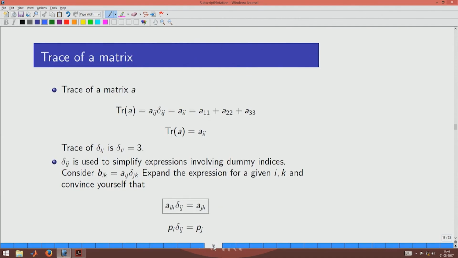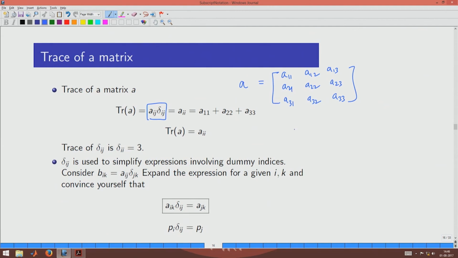Okay. So, let us look at the expression like this. A matrix A is given by this, A11, A12, A13. So, this expression is nothing but an inner product of A with the Kronecker delta, and the contraction operation is over the indices i and j both.